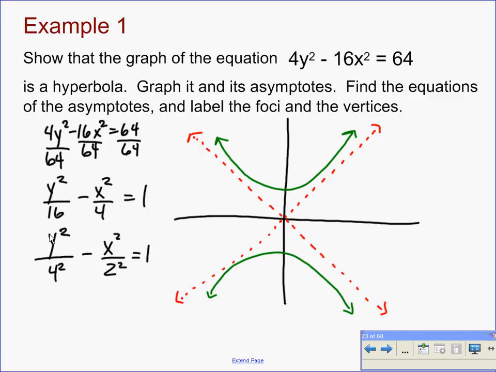And there's our graph. And the things that we'll need to find points for are our vertices here in red. Those are our vertices. And we're going to need to find our foci, which I'll put in blue, which are going to be just on the outside of that.